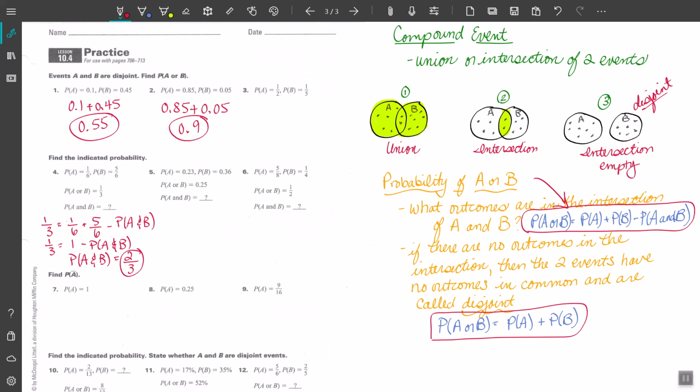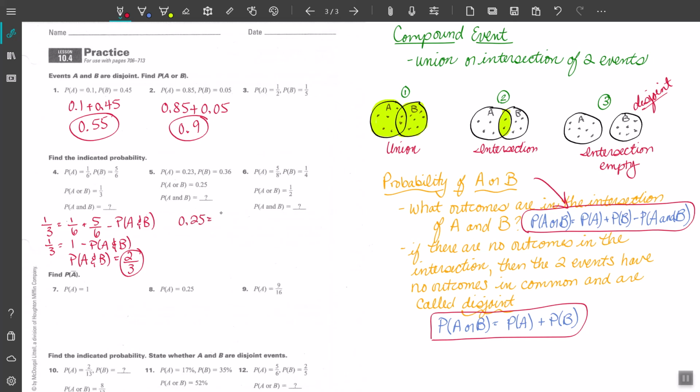All right, we'll do the same thing on number 5. Again, they've asked us to solve for the probability of A and B. We don't know if they're disjoint. They haven't given us that information, so we're going to need to use the same formula. So the probability of A or B they gave us at 0.25.